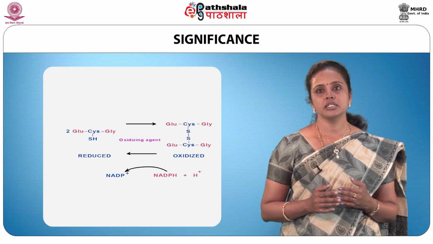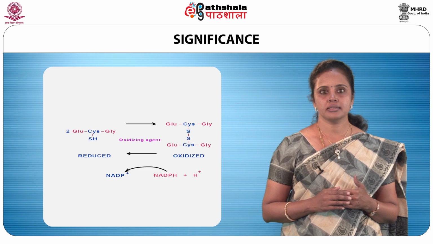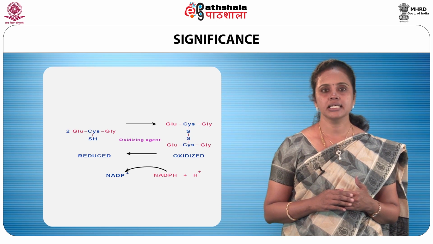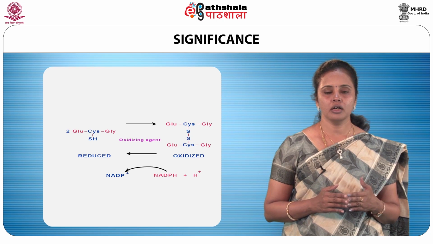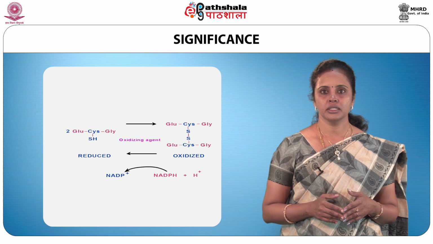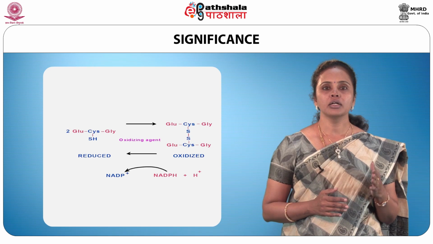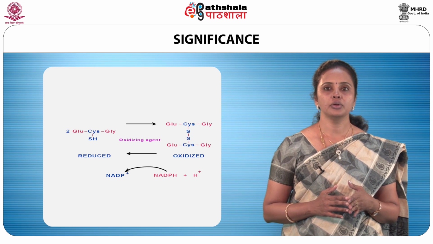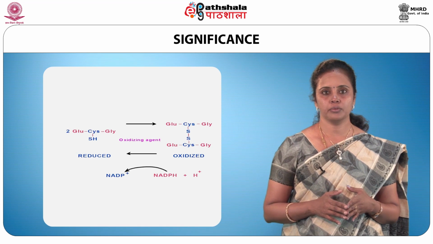Two enzymes are essential to deal with the peroxides. They are glutathione peroxidase, which converts the peroxide to an alcohol using glutathione, and glutathione reductase, which uses NADPH to regenerate the reduced glutathione.